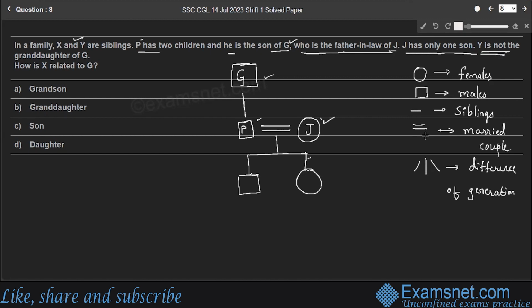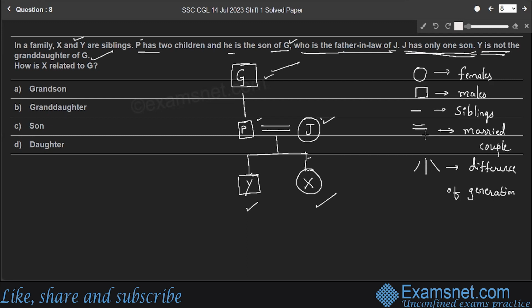And Y is not the granddaughter of G. So the granddaughter of G is not Y. That means X will be the granddaughter of G, because these two persons which I am showing here are grandchildren of G. Y is not the granddaughter, that means X is granddaughter and Y is grandson of G, because P and J have only one son.